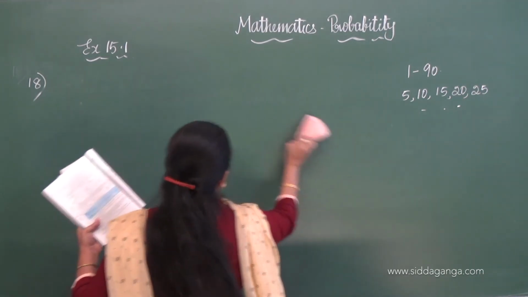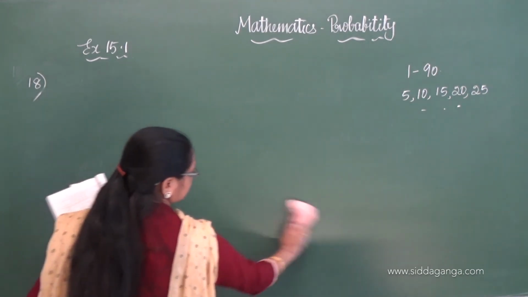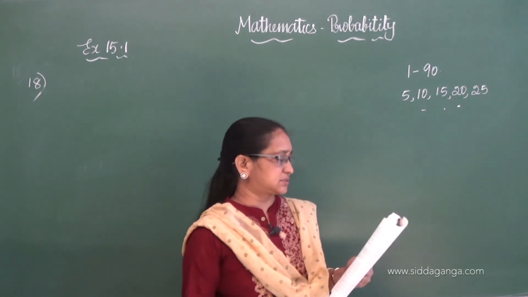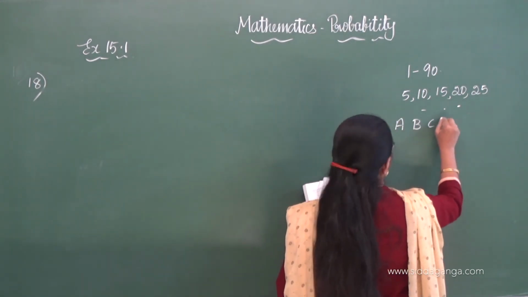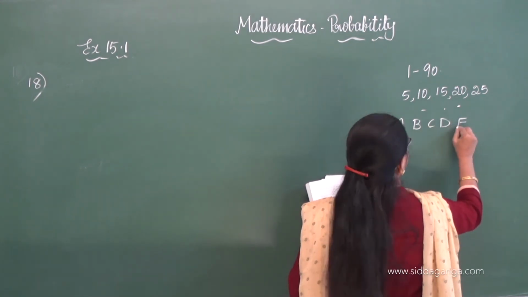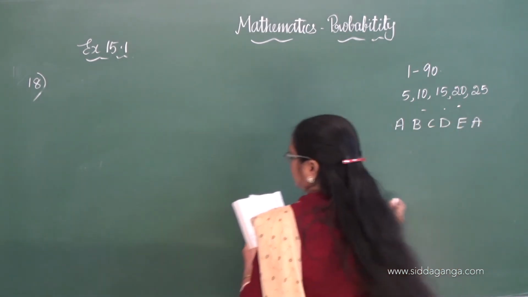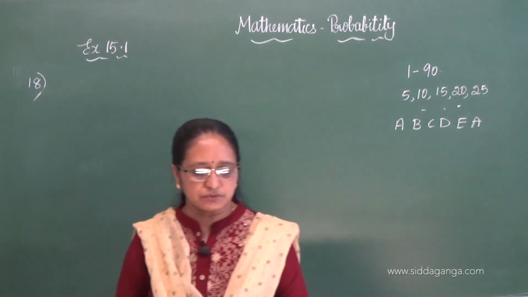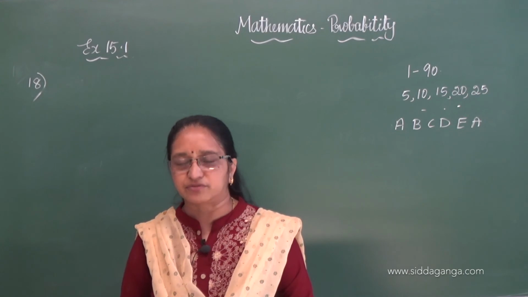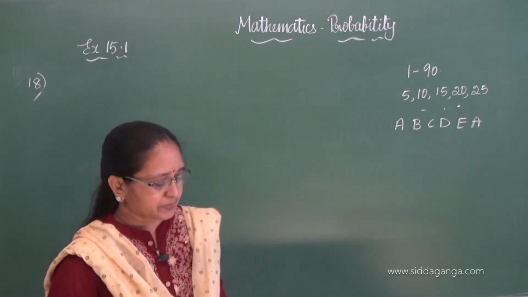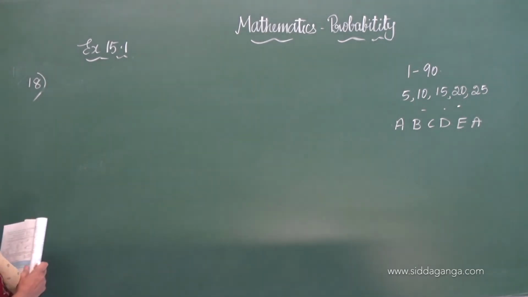Usually we will say it will be 1, 2, 3, 4, 5, 6, but in this case they have A, B, C, D, E and A. So, the die is thrown once, what is the probability of getting A and what is the probability of getting D?